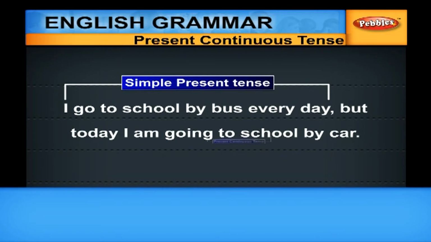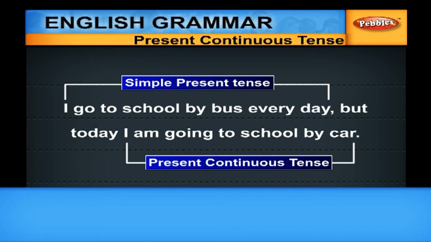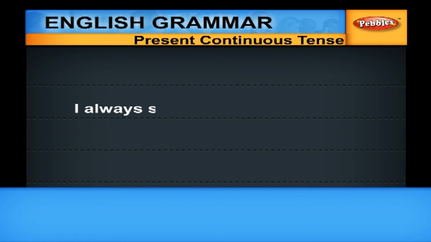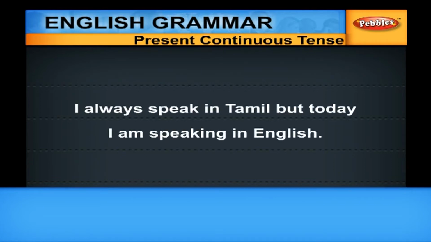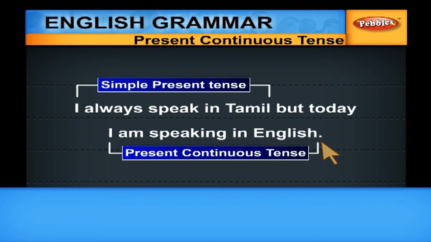The second sentence is in continuous aspect. That is the difference between simple aspect and continuous. I always speak in Tamil, but today I am speaking in English. The first one refers to a habitual action, but the second one refers to a continuous action.